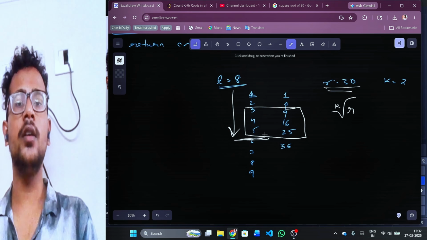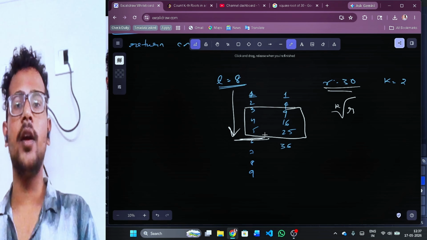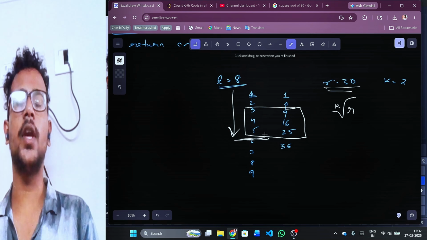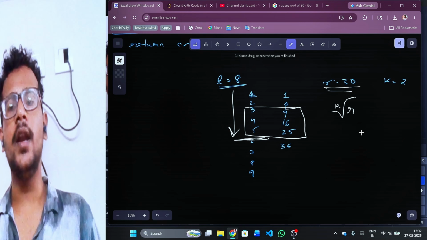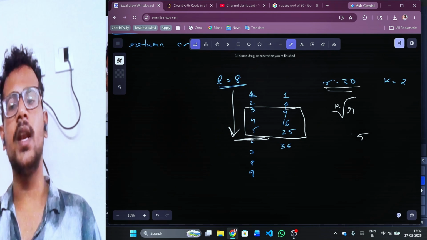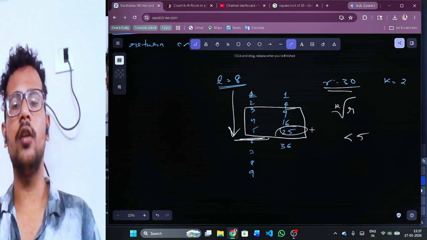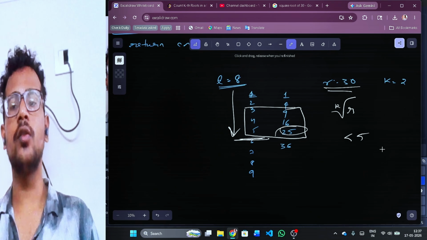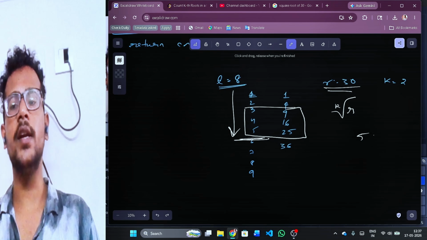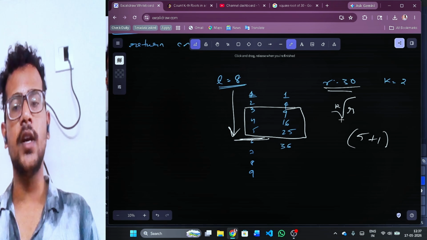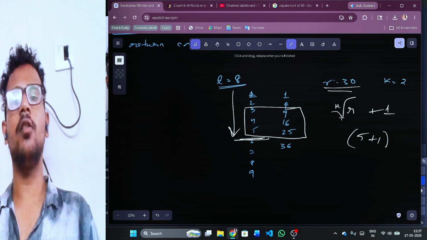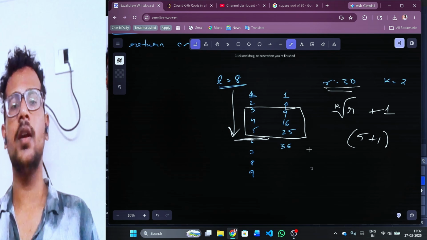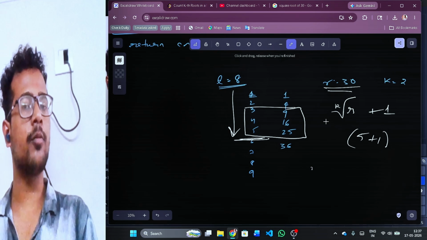So it's better to go till the kth root of R. But if I ended it with less than 5, I wouldn't be getting 25. So instead of 5, I'll go with 6, nothing but the kth root of R plus 1. That's it. So our x will start with 1 and go till the kth root of R plus 1.